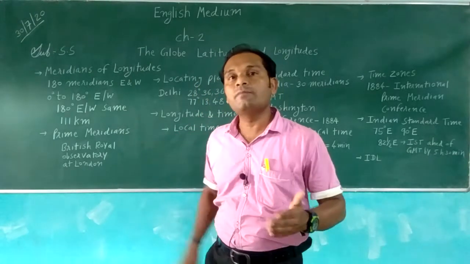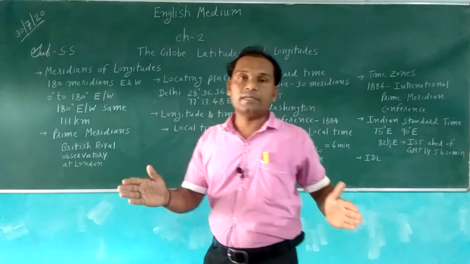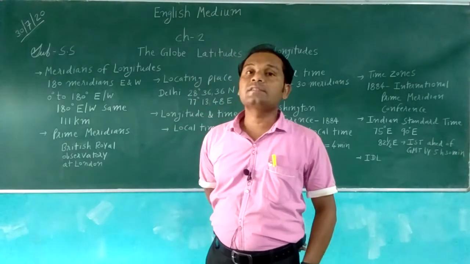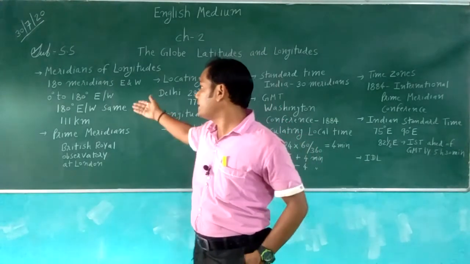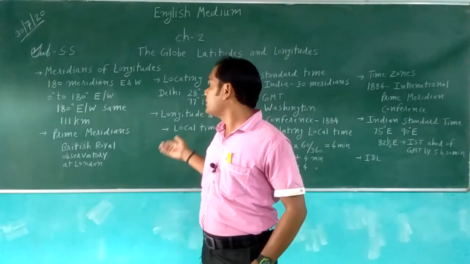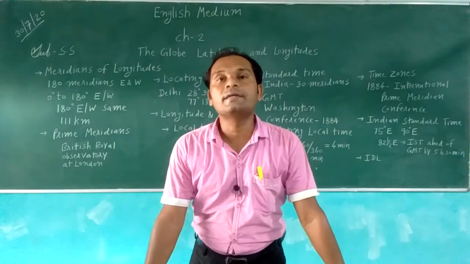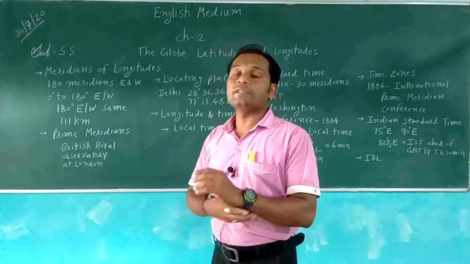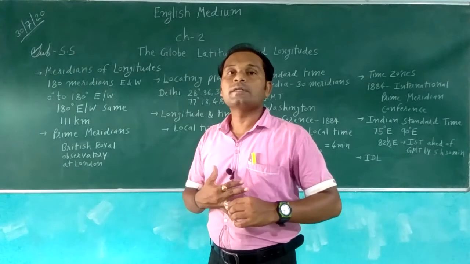All the places on the same meridian follow the same time. In short, there are 360 total meridians, because there are 180 of east and 180 of west, and the difference between the meridians is 111 kilometers.